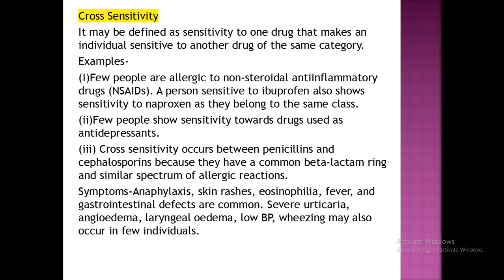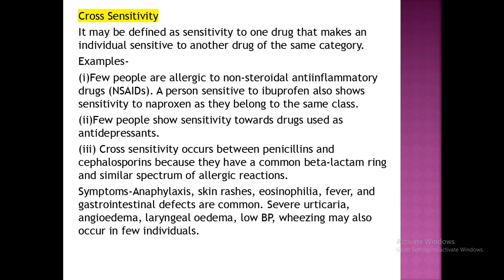Few people show sensitivity towards drugs used as antidepressants. Then cross sensitivity occurs between penicillins and cephalosporins because they have a common beta-lactam ring, and a similar spectrum of allergic reactions can be observed. Symptoms are anaphylaxis, skin rashes, eosinophilia, reduced eosinophil count, fever, and gastrointestinal defects are common.